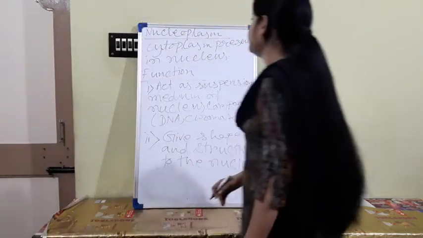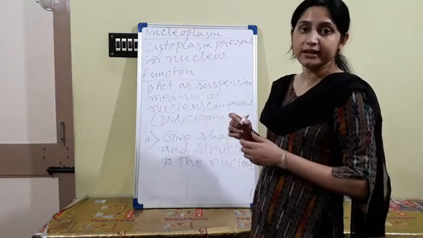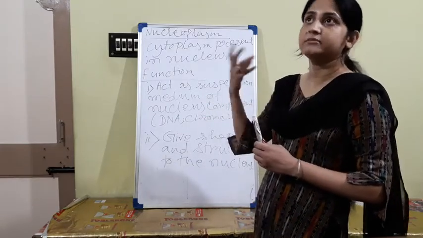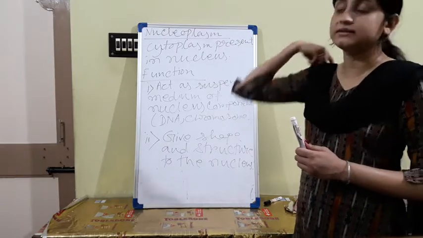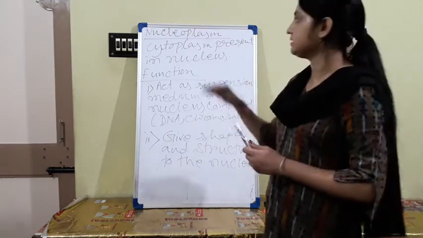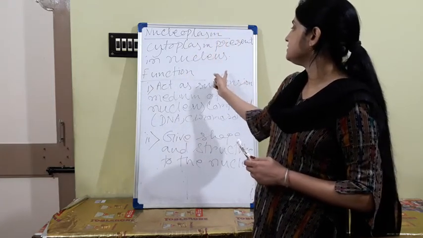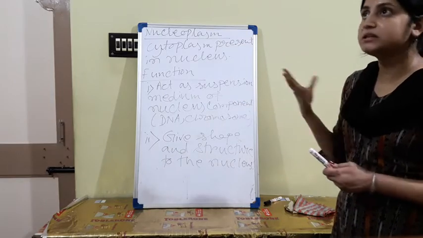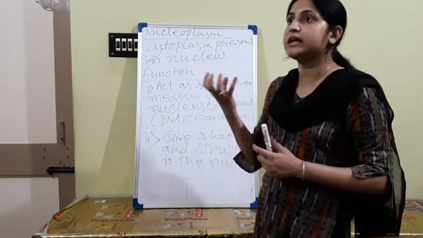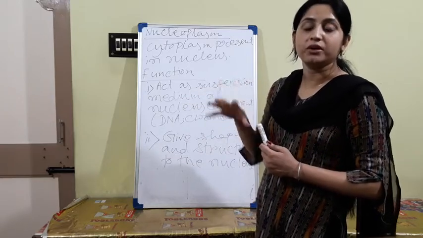Okay, so that is the nucleoplasm. You know that the cell also contains cytoplasm, and all the cell organelles, mitochondria, lysosome, Golgi body, all are suspended, embedded inside this jelly-like structure. Nucleoplasm acts the same way. Cytoplasm present in the nucleus. Function: act as a suspension medium. Suspension medium means that jelly-like structure which helps to embed and float the other components of the nucleus.